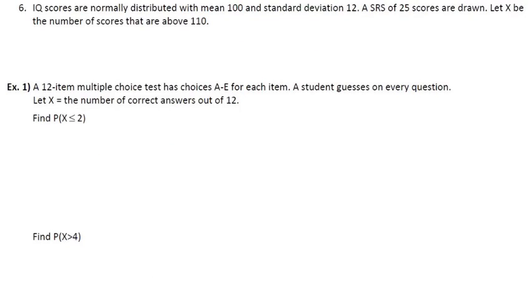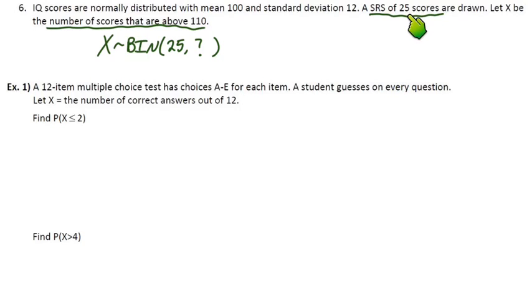Number 6, the last one here, says IQ scores are normally distributed with mean 100 and standard deviation 12. Well, that's interesting. An SRS of 25 scores are drawn. Let x be the number of scores that are above 110. So this is actually a countable scenario. In fact, x would be binomial. A success would be getting an IQ score above 110. And apparently there's 25 trials, right? We're going to draw 25.